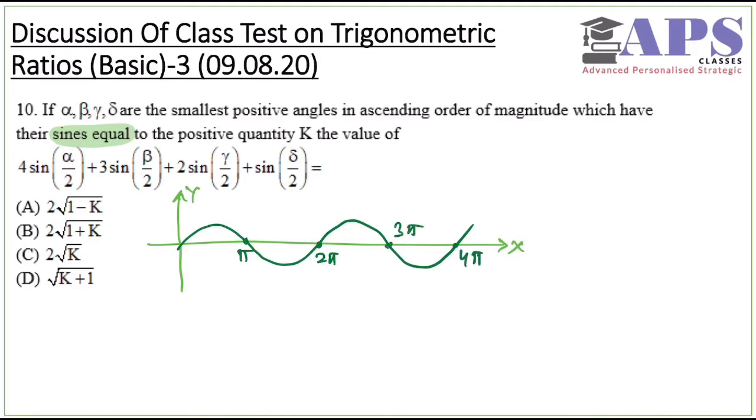Now here it is told that there are 4 angles alpha, beta, gamma, delta, all are positive and smallest angles, so that all of them have the same sign, means sin alpha equal to sin beta and so on. So if I draw, this is our highest point 1, if I draw a line like this, all these values are equal, and equal to k. So this point is our k.